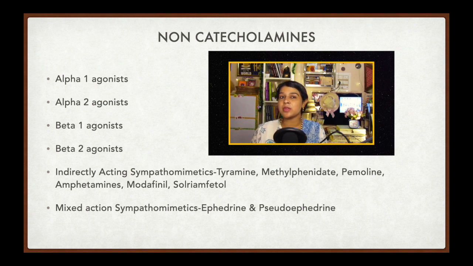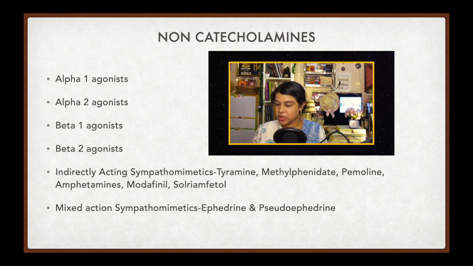Next, we're going to talk about indirectly acting sympathomimetic drugs. Indirectly acting sympathomimetic drugs increase the release of noradrenaline in the synaptic cleft, or they inhibit the reuptake of noradrenaline. They enter the cytoplasm of the neuron by the same transporter which is responsible for the reuptake of noradrenaline.